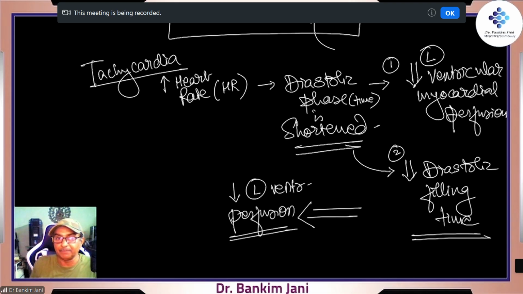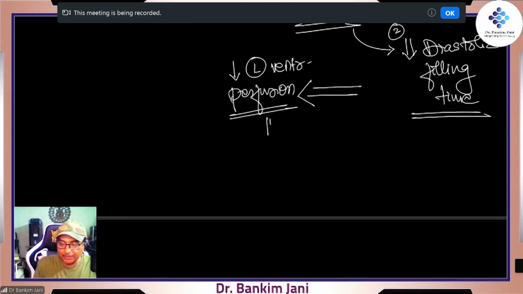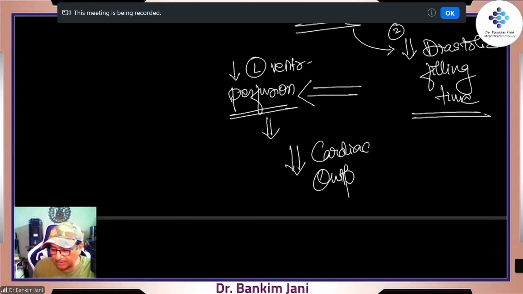So what would happen? This decreased left ventricular myocardial perfusion will result in a slowdown, but you are constantly stimulating. So the heart would say, all right, whatever blood is coming, keep pushing. So this means it will lead to decreased cardiac output. This is the point. Decreased cardiac output.